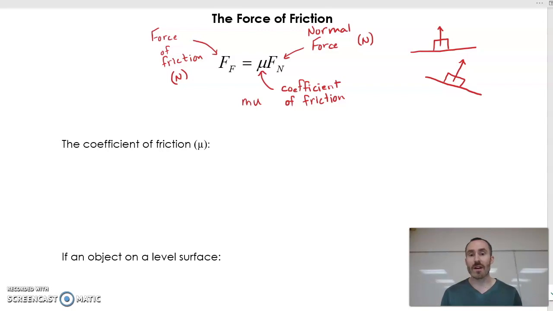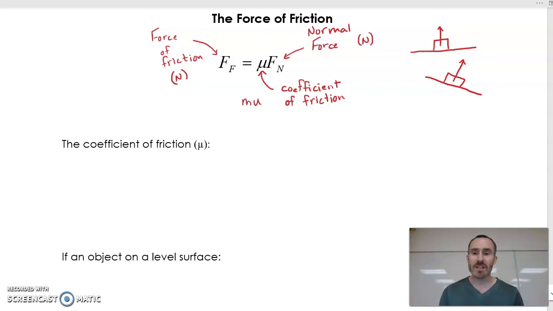Or if you've ever tried to move furniture, if you can't lift it, it's important to put something underneath the feet that reduces the amount of friction. There are little plastic pads or felt pads that allow you to slide it along the floor. If you don't do that, you'll have a large amount of friction, and the heavier the furniture, the more difficult it is to move because friction acts on it more.